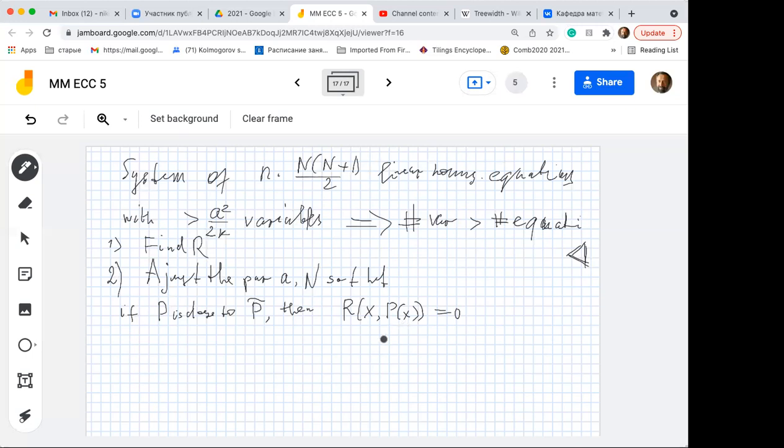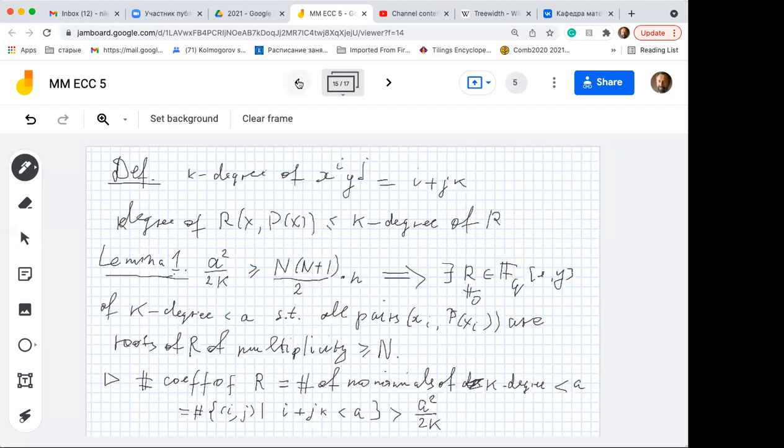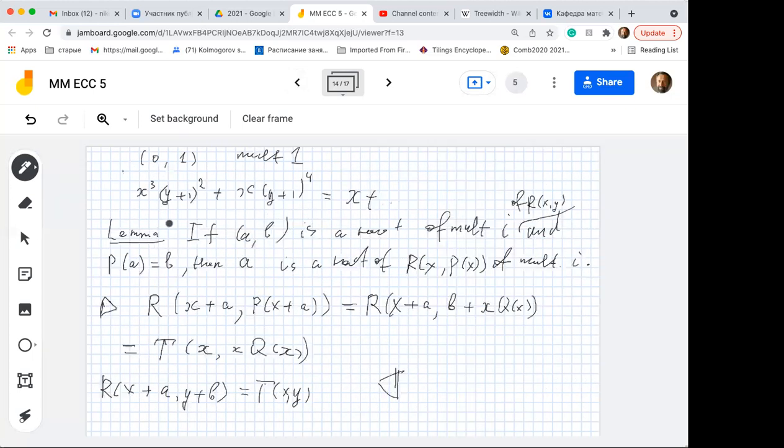And this is based on our lemma, call it lemma 0. So if (a, b) is a root of R of x, y with multiplicity i, and P of a equals b, then a is a root of this polynomial of large multiplicity.